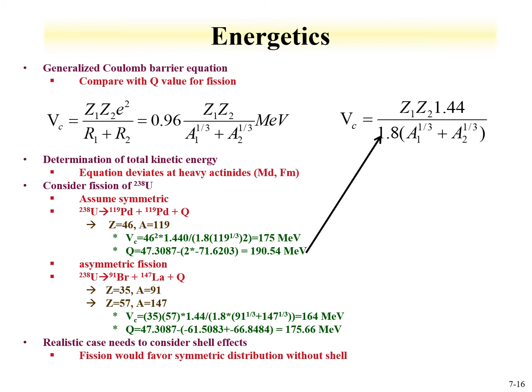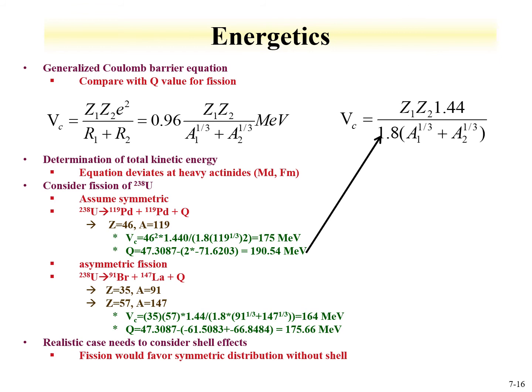So here we assume a symmetric fission, uranium going into palladiums plus some energy. The Q value is 190 MeV, and the Coulomb barrier is 175. Again, for this symmetric fission, which we know doesn't occur, we see that this is energetically favored towards fission.